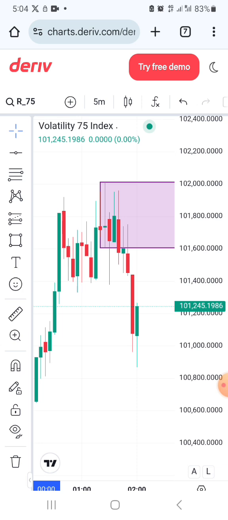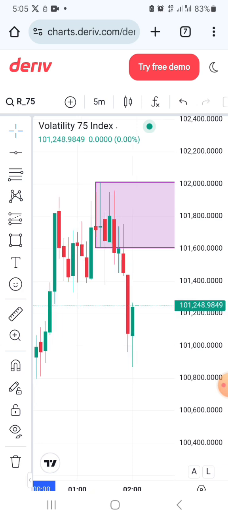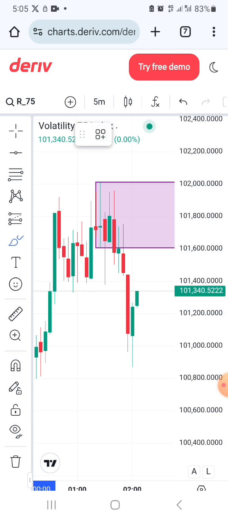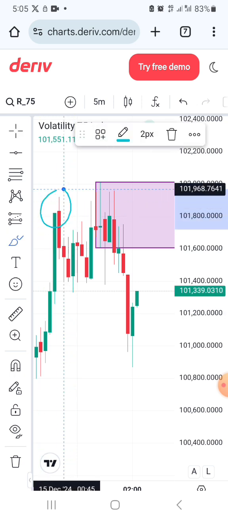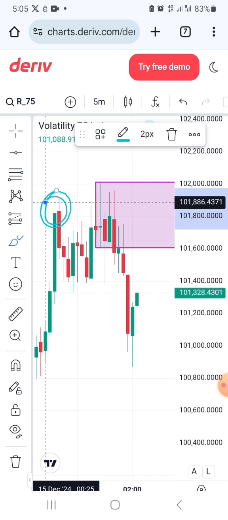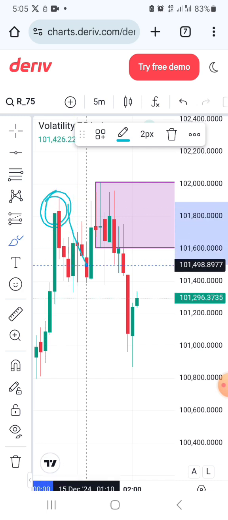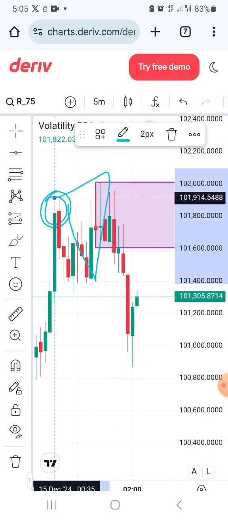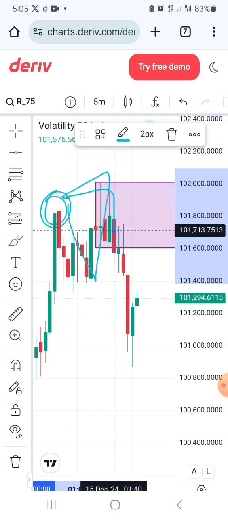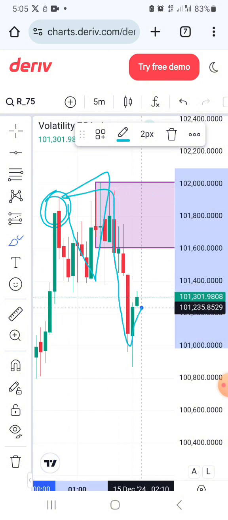If you don't want to wait for the confirmation, what you have to do is mark this side here, guys. If you can see it very well, we have to mark the left shoulder, guys. You can see this was a high, and then the market came and made a low here, made a high, broke this, and then started making the lower lows and the lower highs.